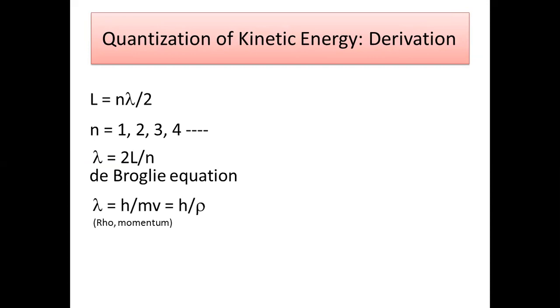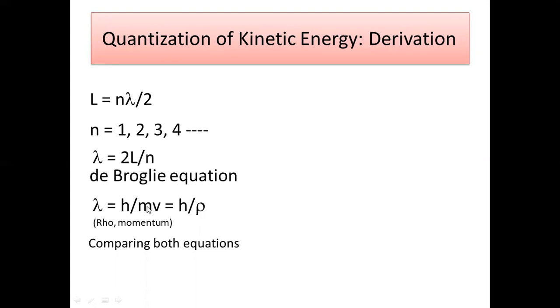According to the de Broglie equation, the wave-like properties of a particle and the mass of a particle are related to each other. Mass into velocity is the momentum, which is called p. Comparing these two equations, lambda equals this, and lambda also equals this.